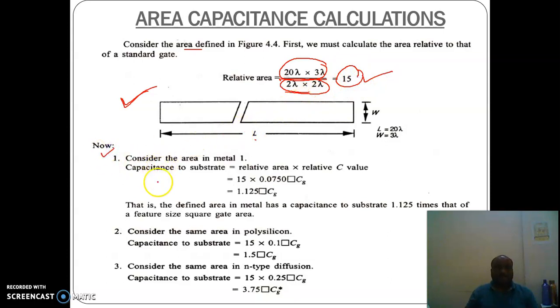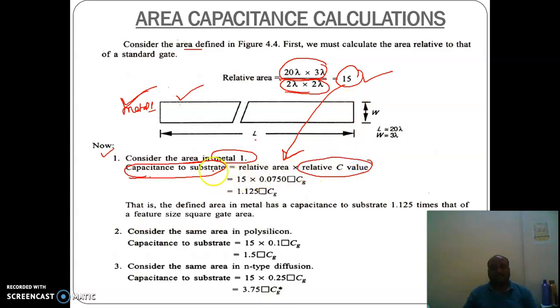Now we make different considerations. Consider the area in metal 1. Let us consider this area is confined to metal 1. When we want to calculate the capacitance of metal 1 to that of the substrate, what will we be doing? We will be multiplying the relative area we have calculated with the relative C value, the capacitance value of metal to substrate from the table.